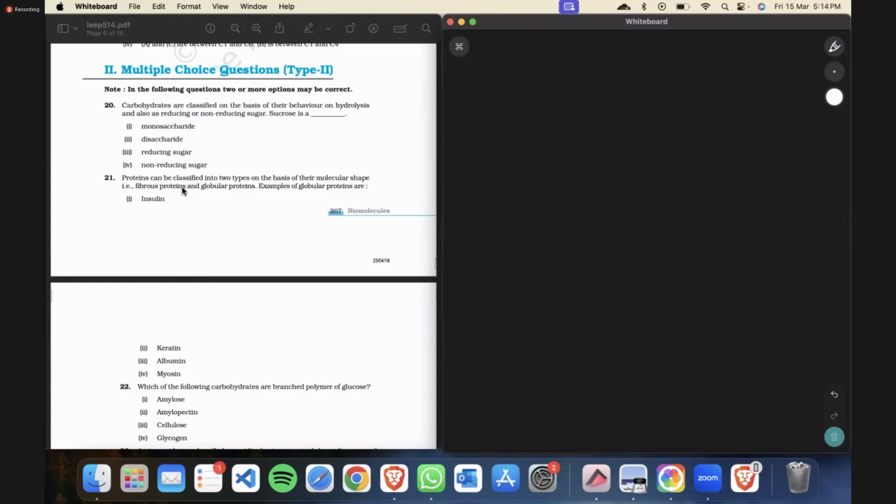Sucrose is a monosaccharide? No, sucrose is a disaccharide. Is sucrose a reducing sugar? No, sucrose is a non-reducing sugar. So this comes down to learning the properties of the different sugars and carbohydrates. You should know this about sucrose; it is important for this question. There are more things, but as we go on, I'll tell you. So it is a disaccharide, and it is a non-reducing sugar.